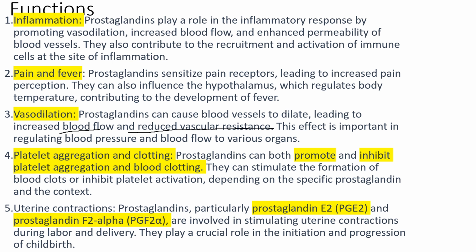Then platelet aggregation and clotting. These prostaglandins can both promote and inhibit platelet aggregation and blood clotting. Uterine contraction: prostaglandins, particularly PGE2 and PGF2 alpha, are involved in stimulating uterine contraction during labor and delivery, and they play a crucial role in the initiation and progression of childbirth.